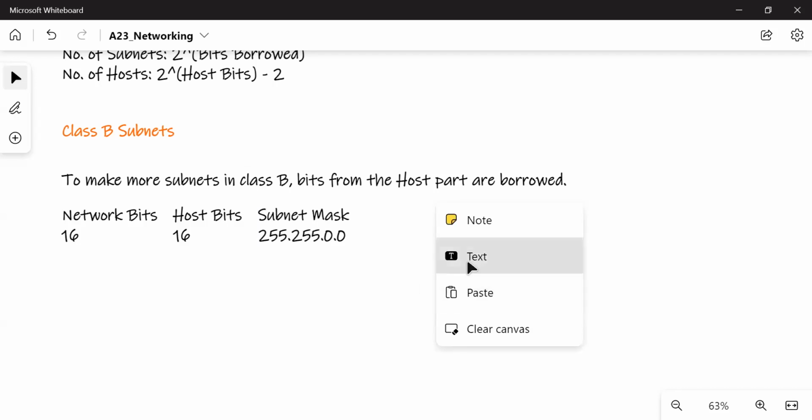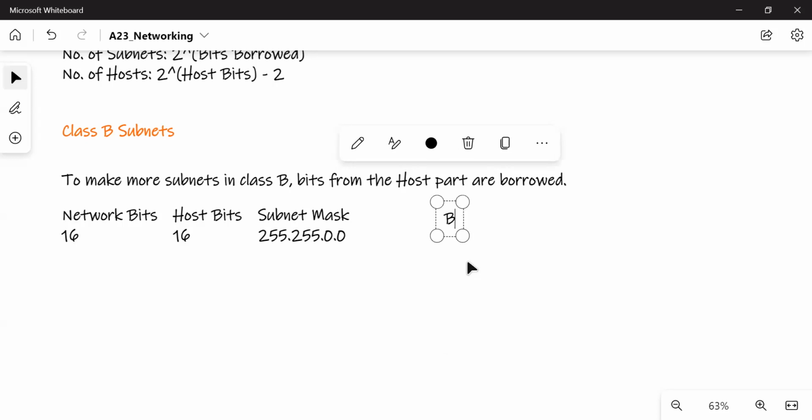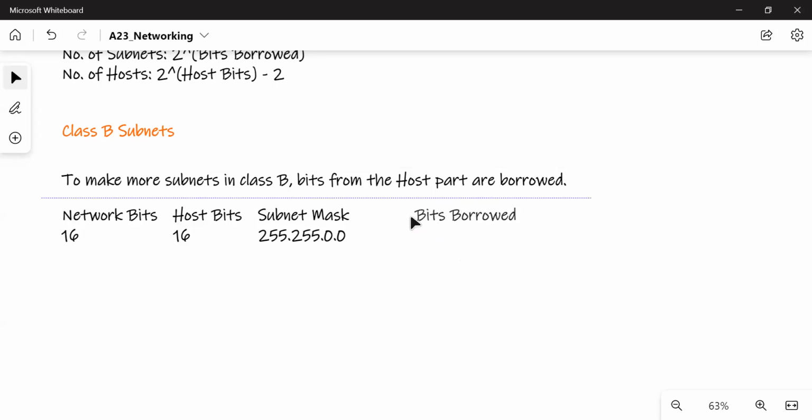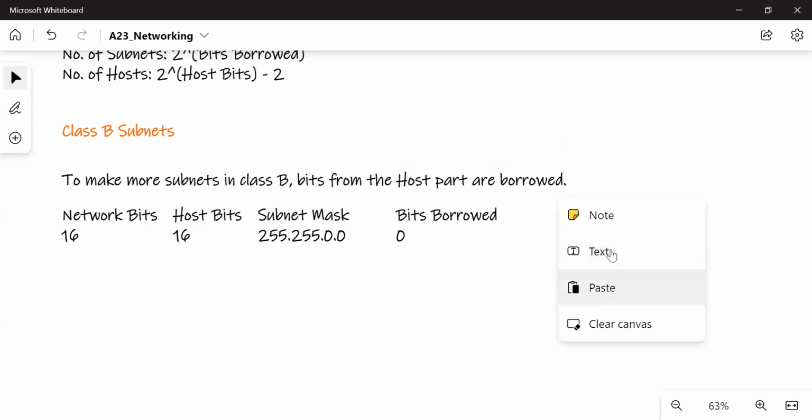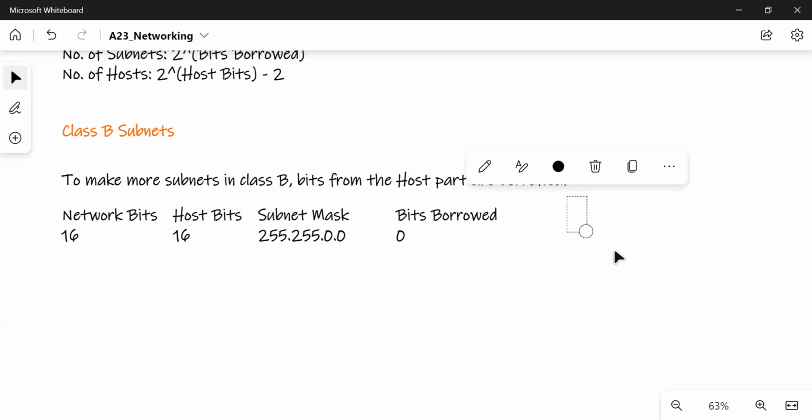And the next one, we have the number of bits borrowed. In this particular case, initially it will be 0. And then the number of subnets, the number of networks, initially will be 1 because we have not borrowed any. Simply it is 2 to the power 0.